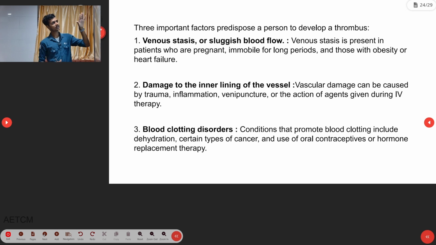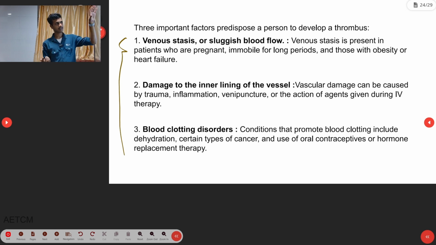This is called Virchow's triad: three important factors that predispose a person to develop a thrombus, the risk factors for thrombus. The triad includes venous stasis or sluggish blood flow, damage to the inner lining of the blood vessel, and hypercoagulopathy.